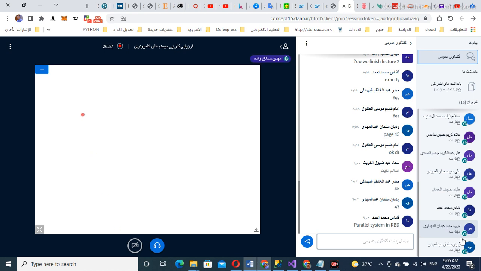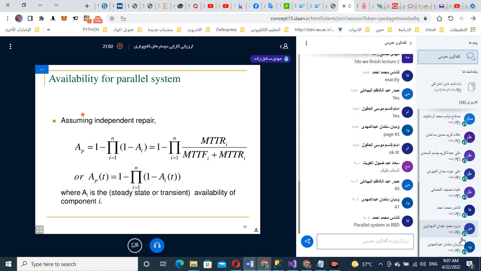Availability for a parallel system, assuming independent repair. This means the repair of each component is independent from the repair of another component. Ap equals 1 minus the product for i equals 1 to n of (1 minus Ai).